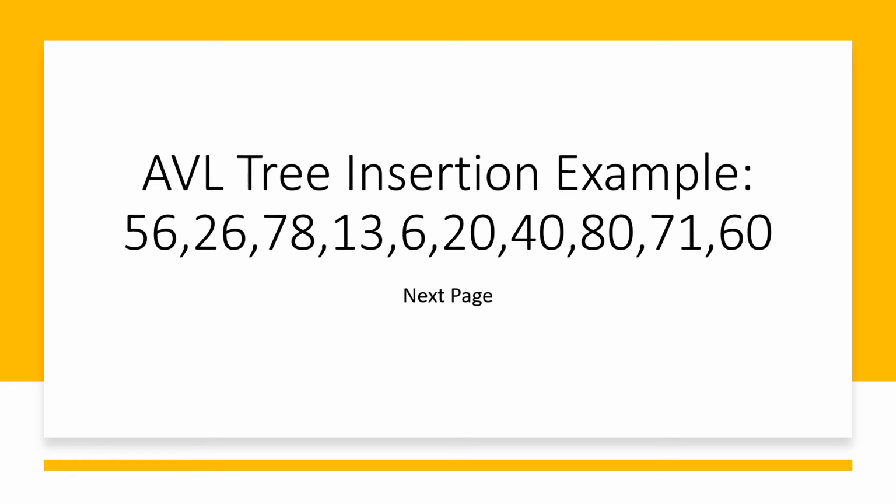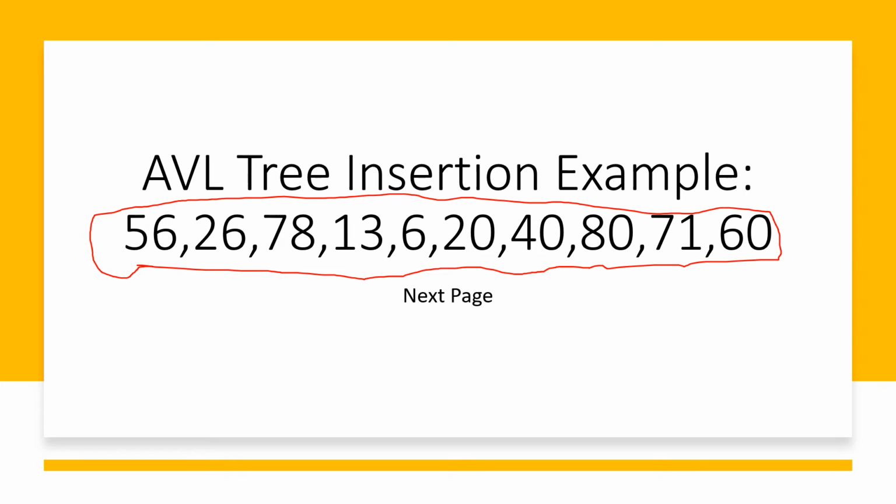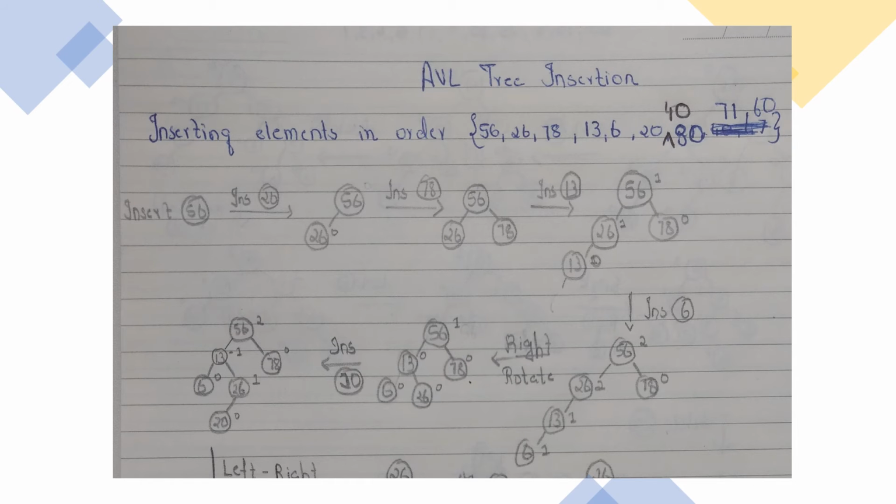So we will look at an AVL tree insertion example. We will insert 56, 26, 78, 13, 6, 20, 40, 80, 71, and 60, and we'll be looking at all the rotations in this example. First we are inserting 56.